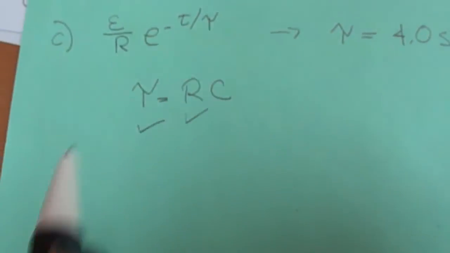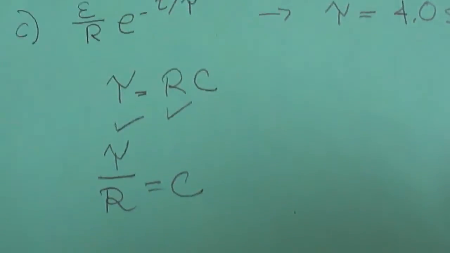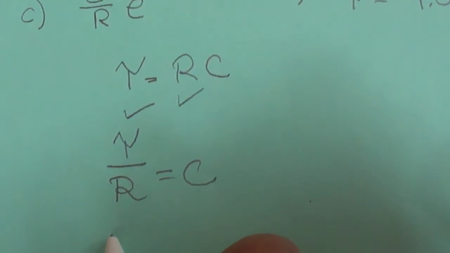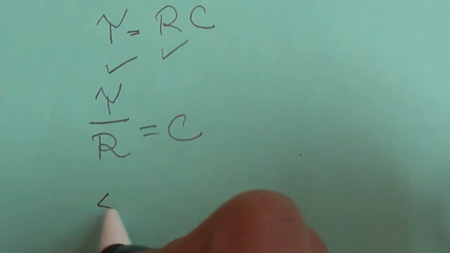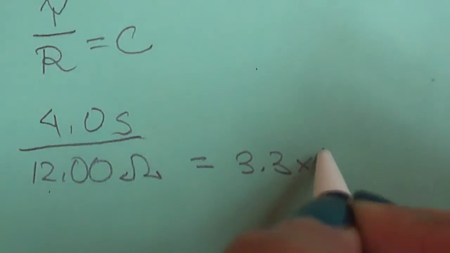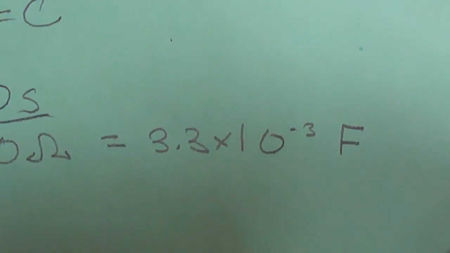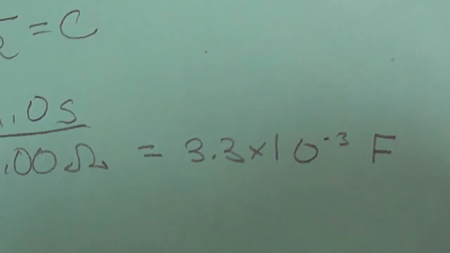And so we have R, we have tau, and we can solve for C, which is going to be tau over R equals C. And this is simply 4.0 seconds divided by 1.20 times 10 to the third ohms, and that gives us 3.3 times 10 to the negative 3 farads, and you could get that simply by plugging it into a calculator.